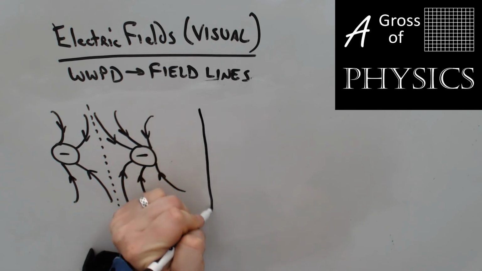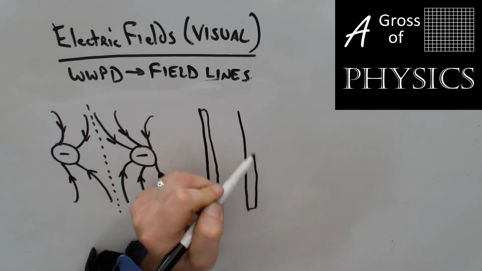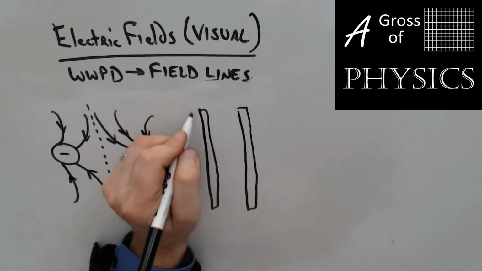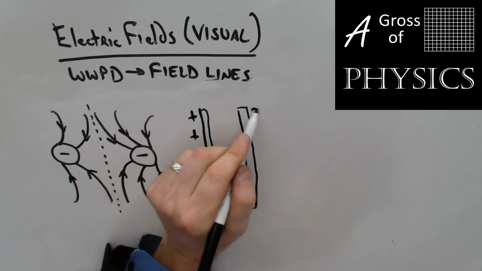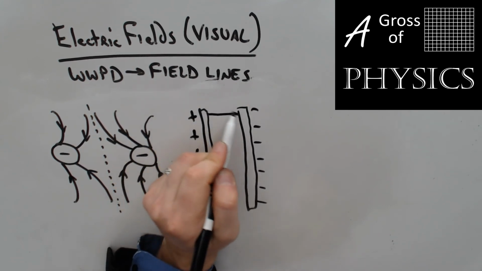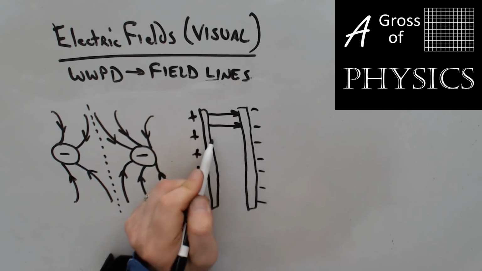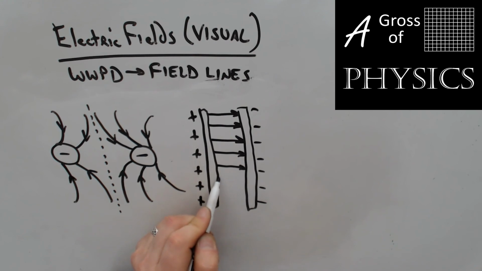Now finally, we have our parallel plates, which might be the worst drawn parallel plates in the history of parallel plates, but here's our positive, here's our negative. And what's important about these is that they are equidistant and parallel in terms of the field lines, also the plates.